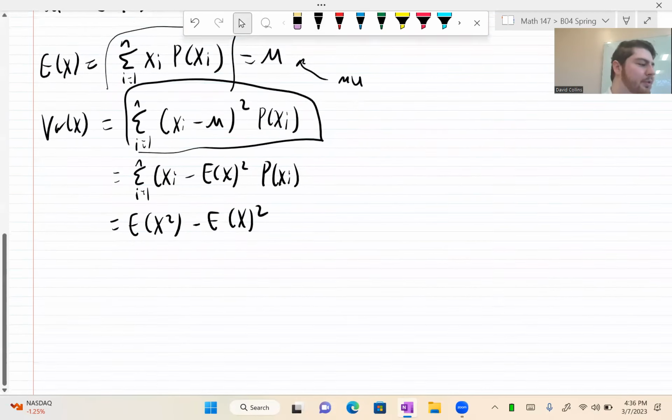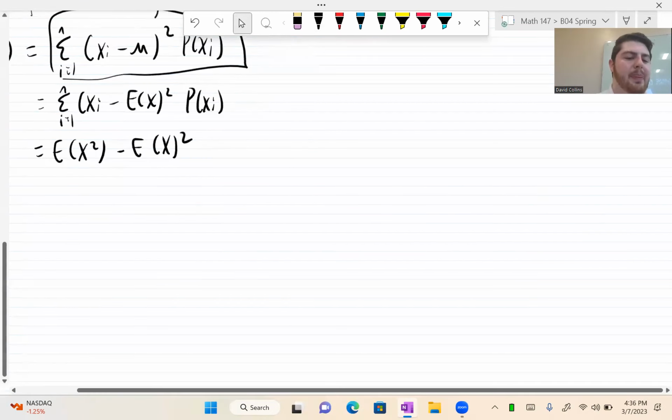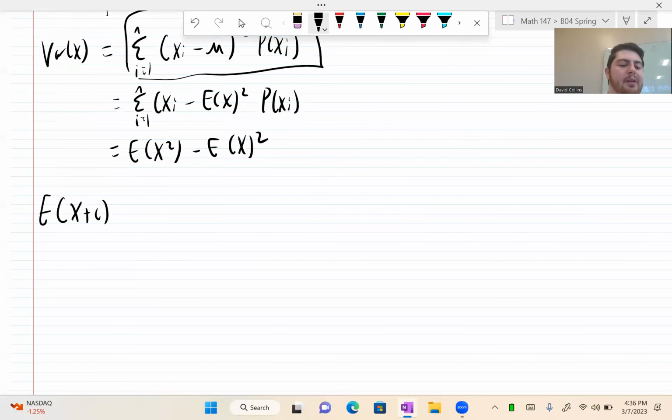Now, the rest of chapter 14 is basically a bunch of rules, how you can manipulate expected values and variances. So the expected value of X plus c, where c is some number, is expected value of X plus c.